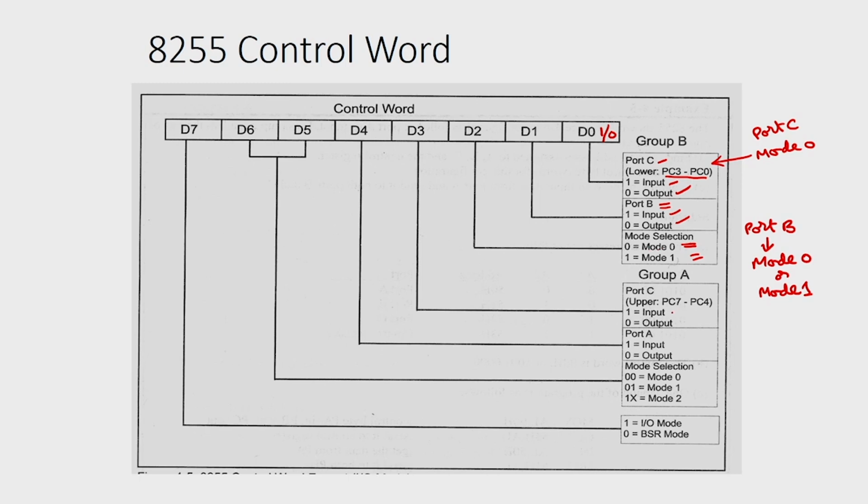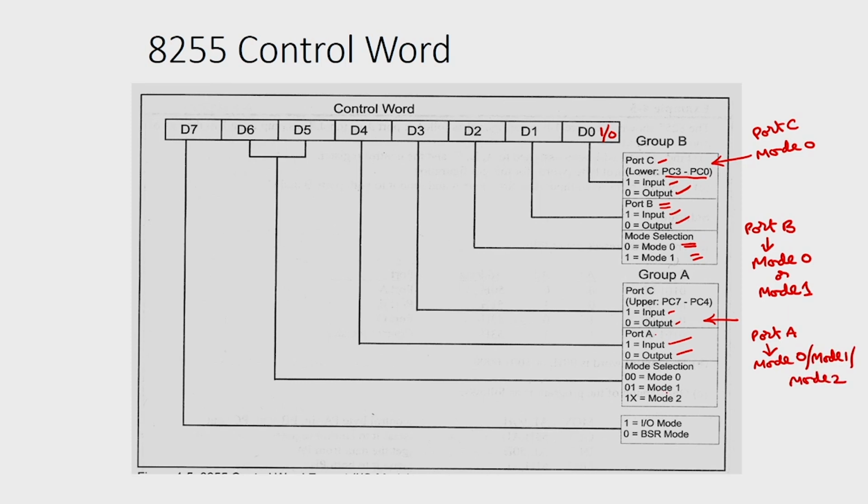Then coming to the group A signals, port C upper is by default mode 0, 1 means input, 0 means output. Port A, again we can program as either an input port or output port by placing 1 or 0 in the corresponding bit position. But port A can operate in three modes: mode 0, mode 1 or mode 2.